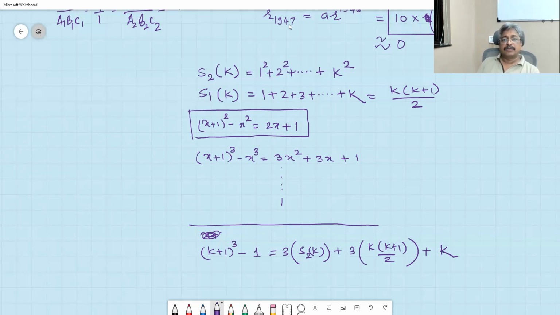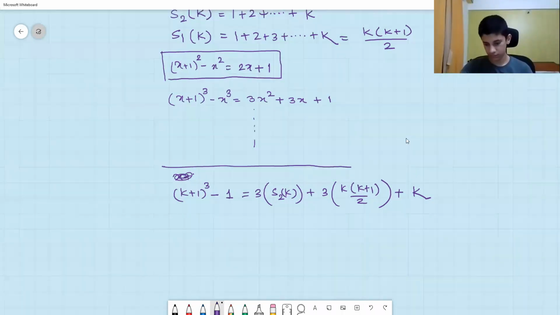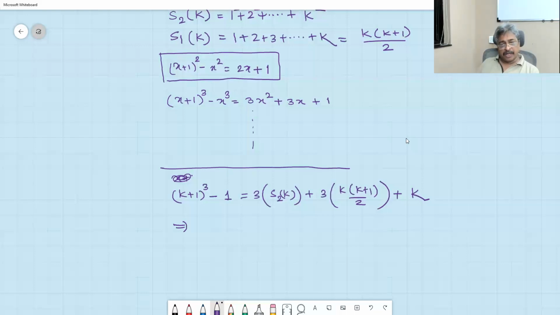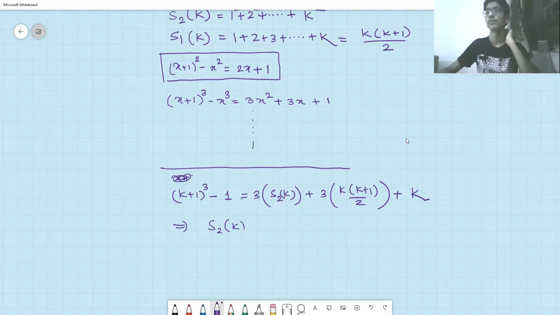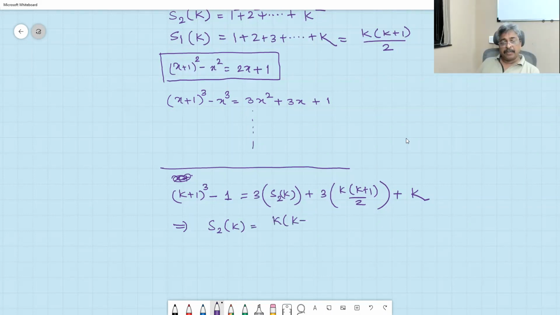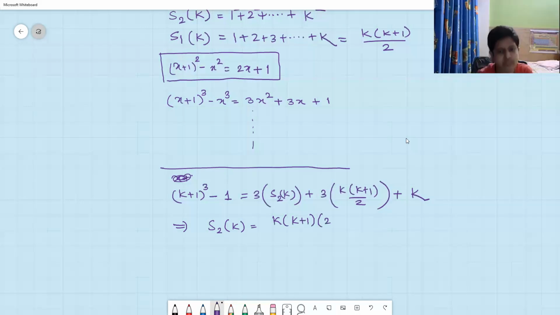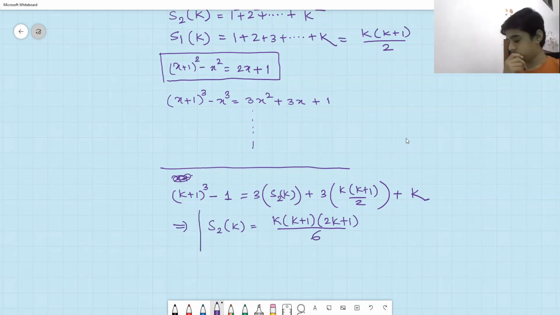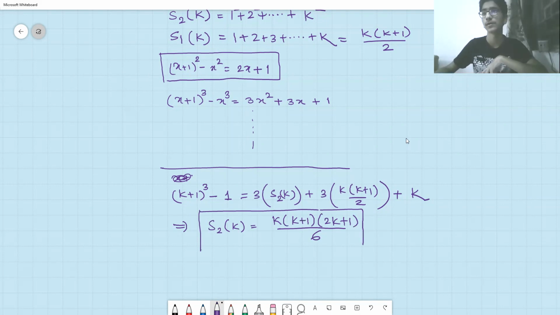Okay, so this is what the summation eventually gives. Sir, I'm getting 2k cube plus 4k square. If you simplify, then S2 of k is equal to k into k plus 1 into 2k plus 1 upon 6. Yes, 6, sir.